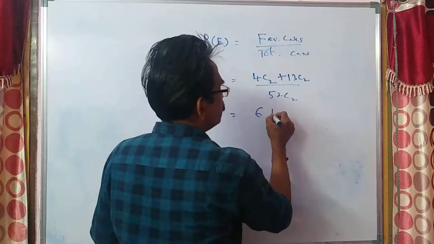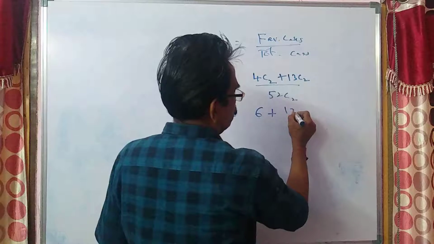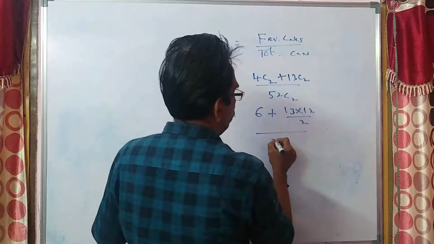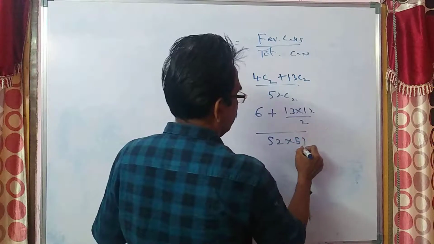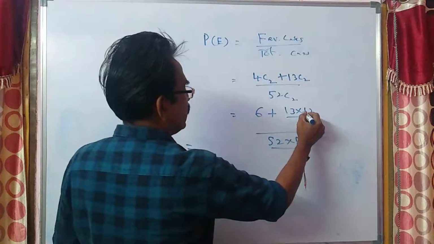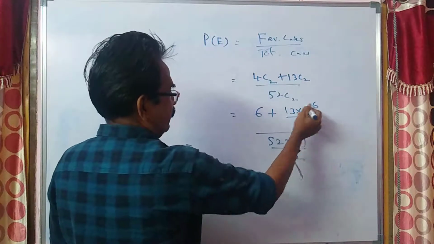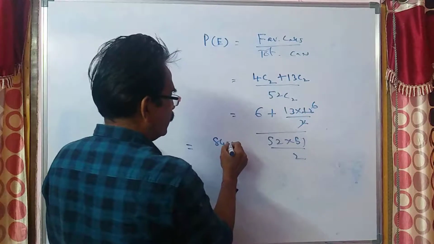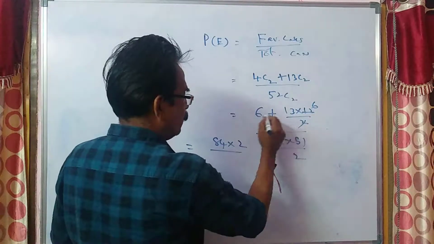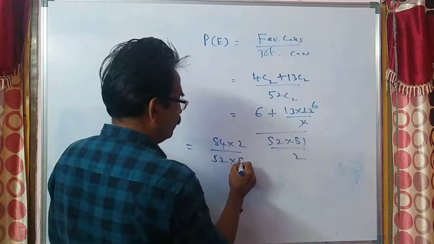4C2 is 6 plus 13C2, 13 into 12 by 2, by 52 into 51 by 2. This is equal to 13 6s, 78 plus 6, 84, into 2 by 52 into 51.